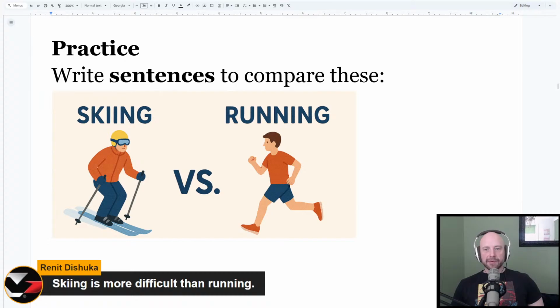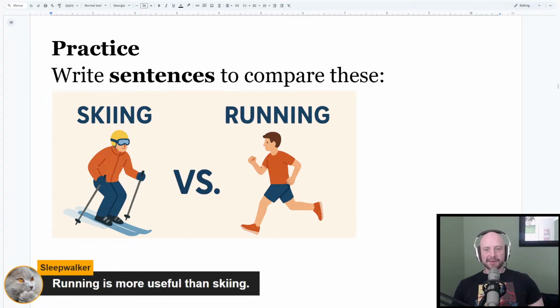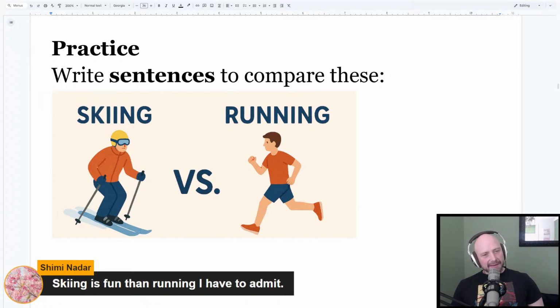Well, skiing is more difficult than running. Pretty good. Running is more useful than skiing. Skiing is more fun. You missed your "more". Skiing is more fun than running.